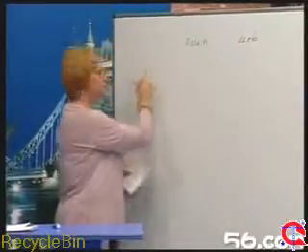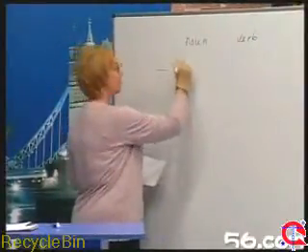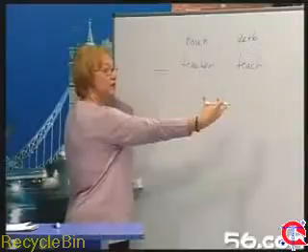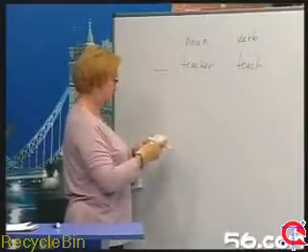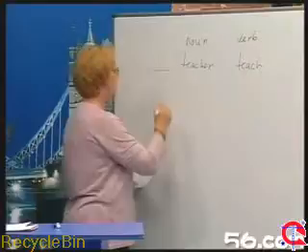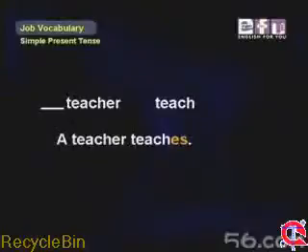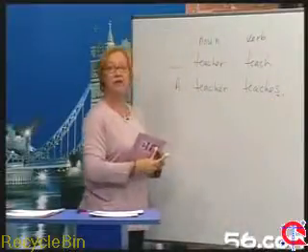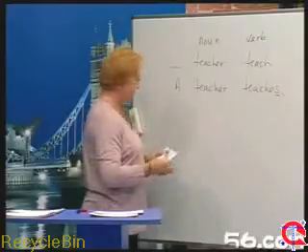And we'll also put in the article. So, for example, teacher is the noun, and the verb is teach. You're going to put this together and make a sentence. For example, a teacher teaches. Don't forget the S. Now, we're going to do quite a few of these, and here we go.